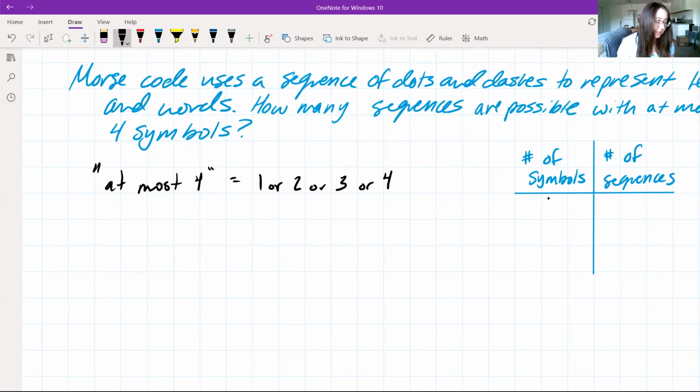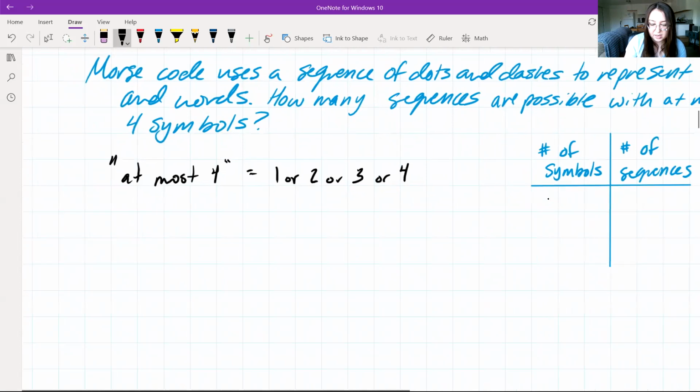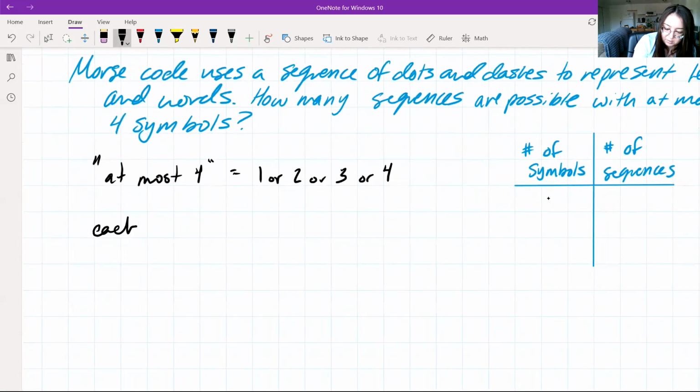So in this case, we know each symbol has to be a dot or a dash. We know that there's going to be 2 options.